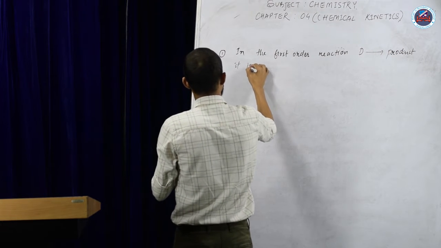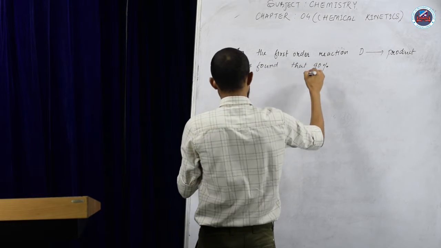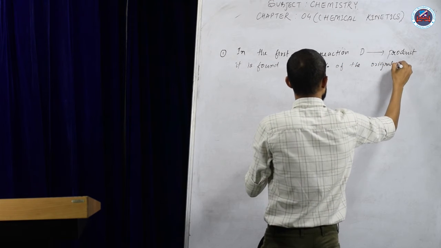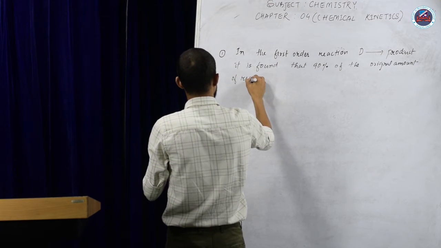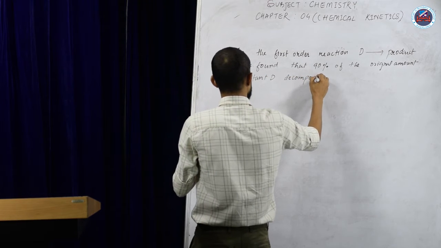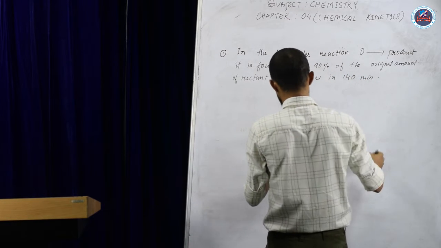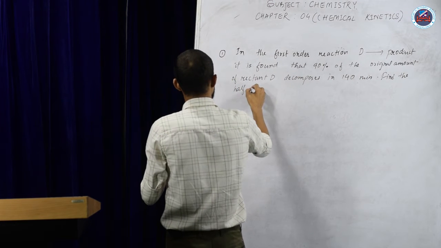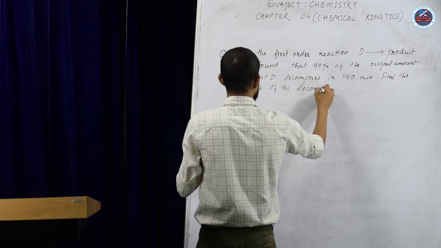It is found that 90% of the original amount of reactant D decomposes in 140 minutes. Find the half-life of the decomposition reaction.